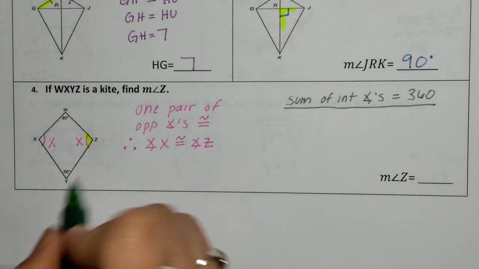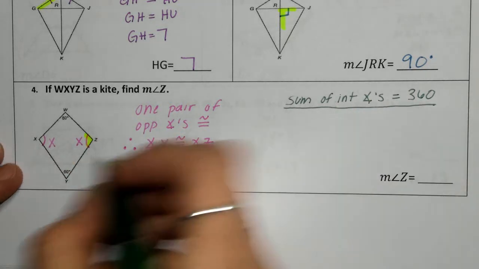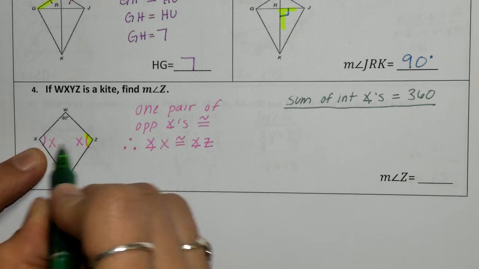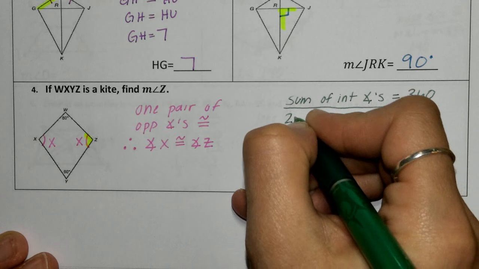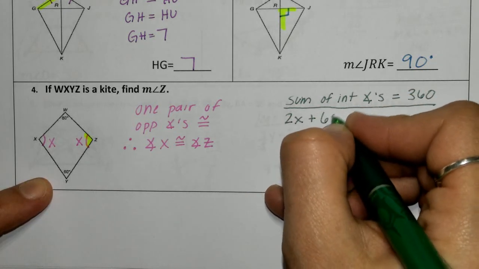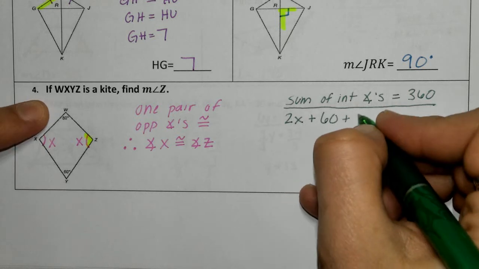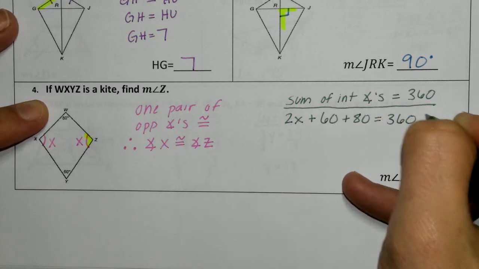We're going to add all 4 of these together and then solve for X. I'm going to add these 2 X's together and just throw 2X in my equation because I can see it right there. So I have 2 X's plus that 60 down at the bottom for angle Y plus the 80 for angle W, all equal to 360 degrees.